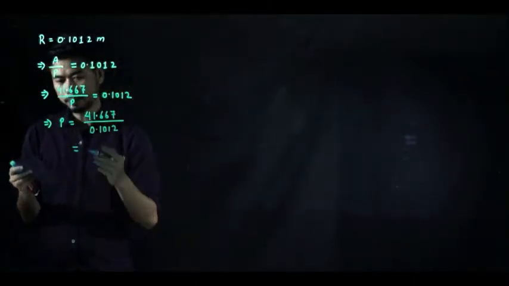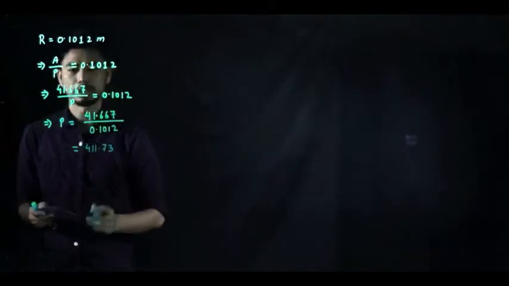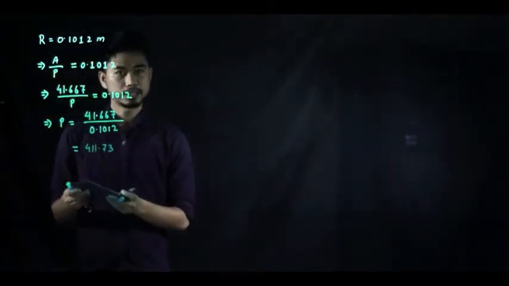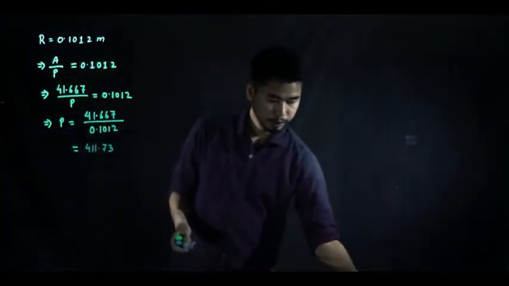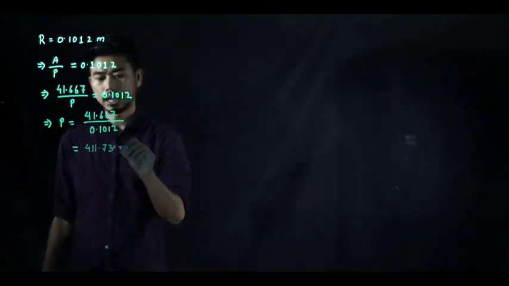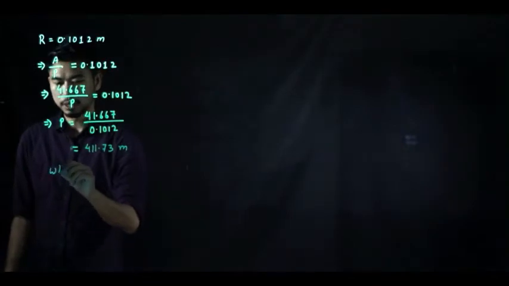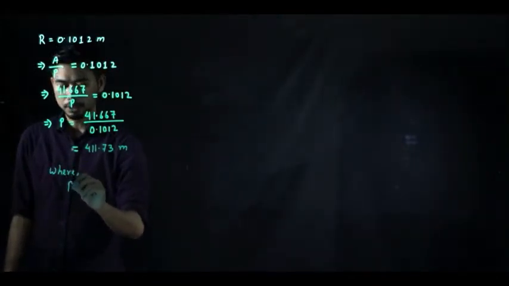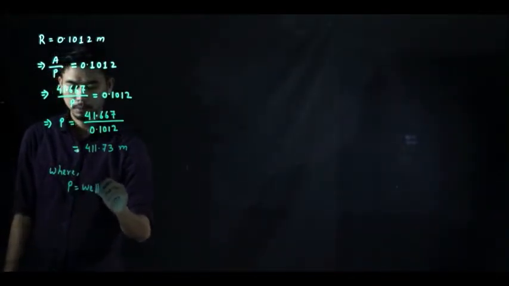So 41.667 divided by 0.1012 will give us 411.73, or you can say 411.73. So this P, wetted perimeter, it will have a unit of meter, isn't it? So where P equal to wetted perimeter.